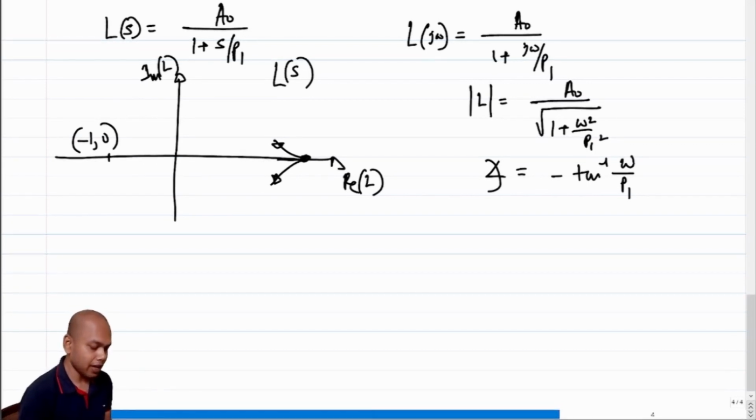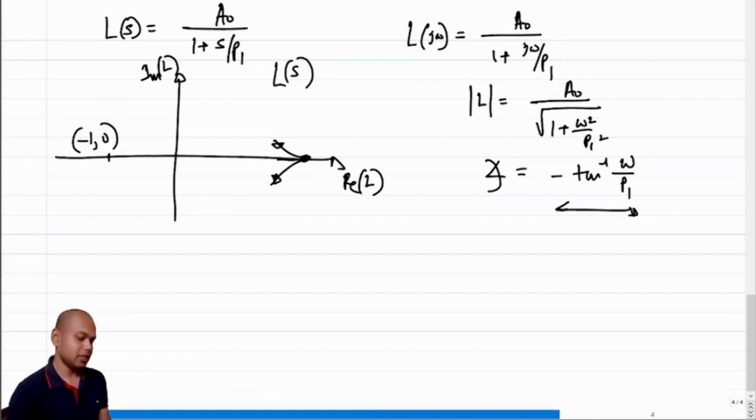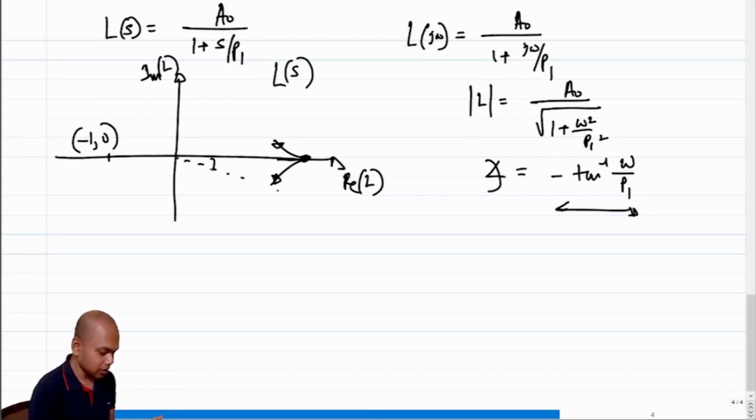So from where can we get that information? We can get that information from the angle, right? So what is the angle now? Angle is negative, right? So the angle is negative, which means it's going down, right? So that's good. So let's go down, right?